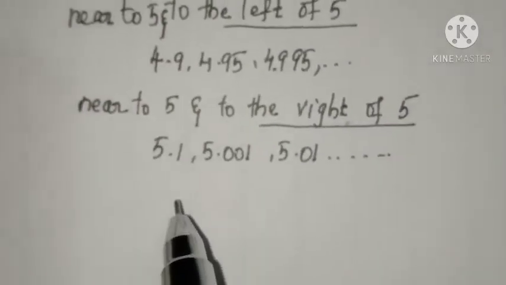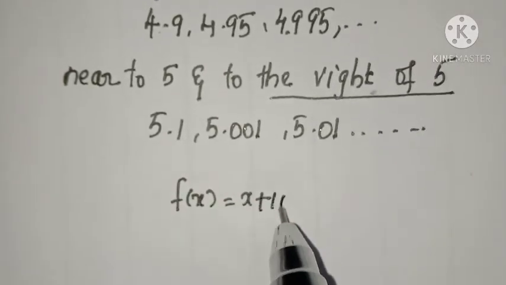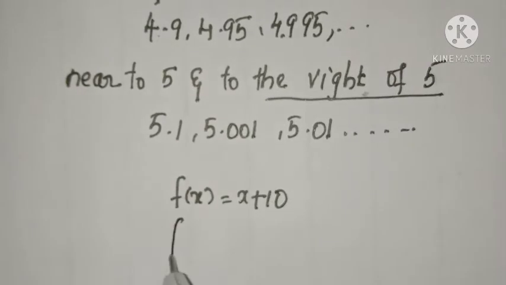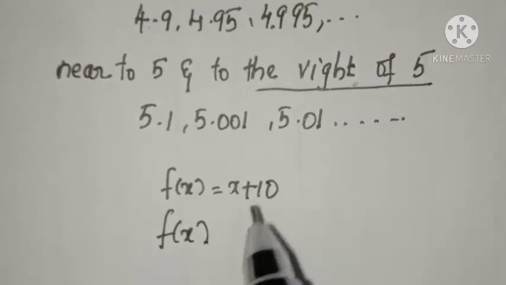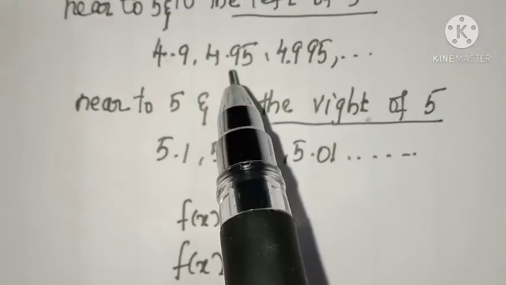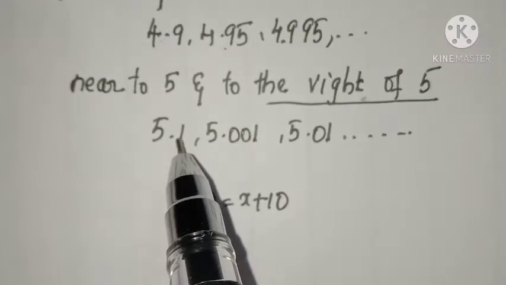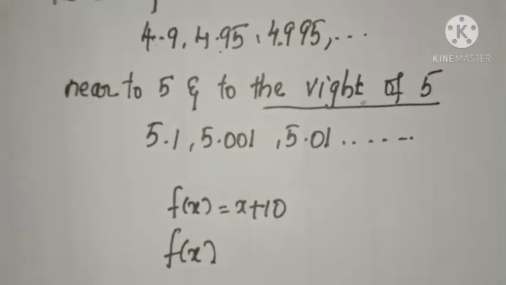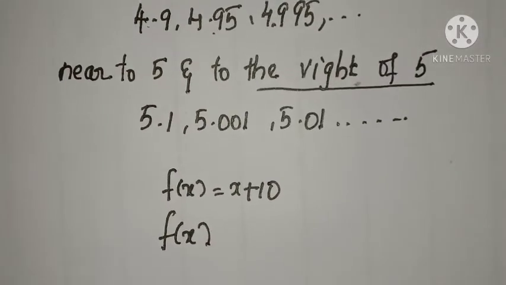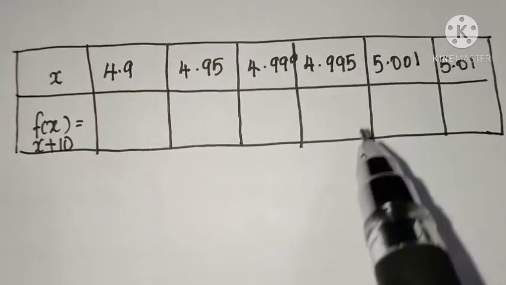So, we have a function f of x equal to x plus 10 and we are going to find the values of f of x for all these values. 4.9, 4.95, 4.995, etc. 5.1, 5.001, 5.01, etc. Consider this table.